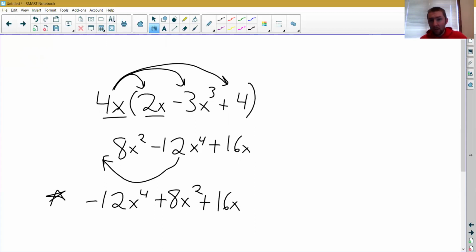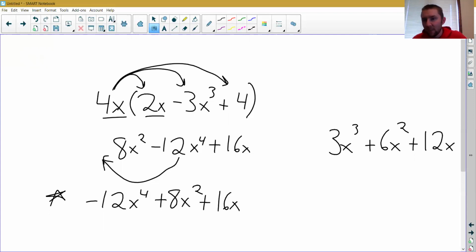We also then looked at going the other direction, right? We looked at going from a polynomial to a factored form by taking out a greatest common factor. So something like this. If I had 3x to the third plus 6x squared plus 12x, and I wanted to factor out the greatest common factor here, I would notice first that each of these three numbers can be divided by 3.